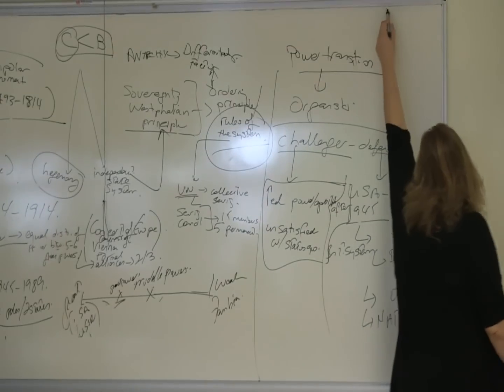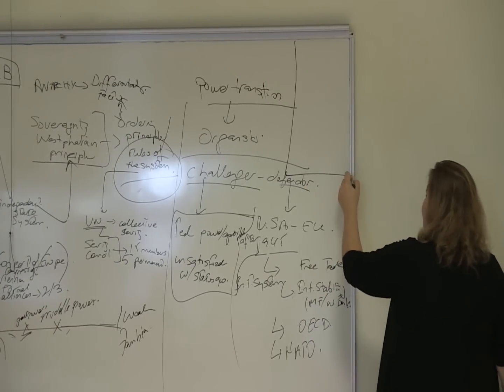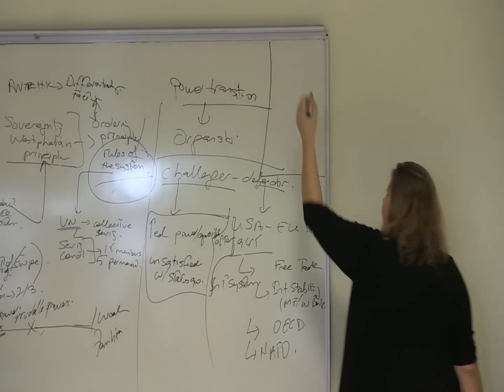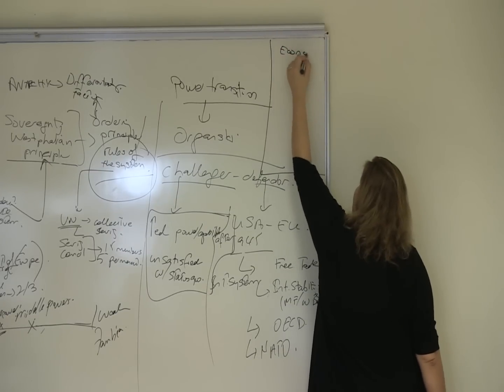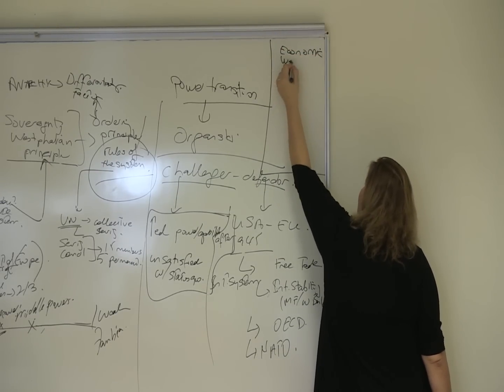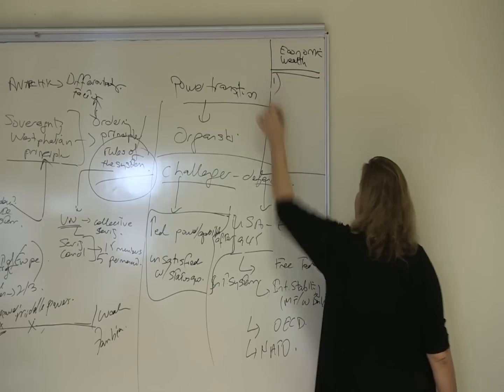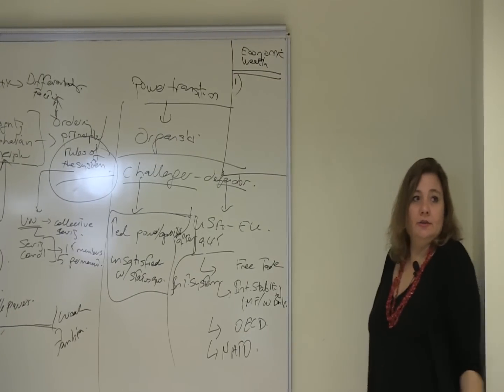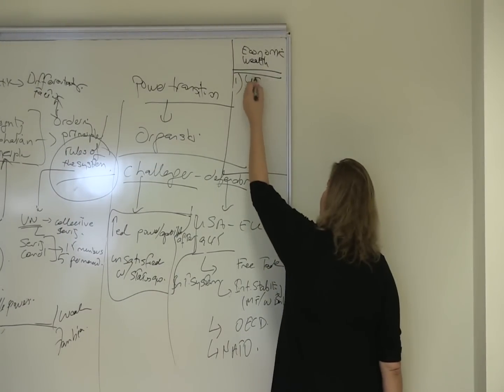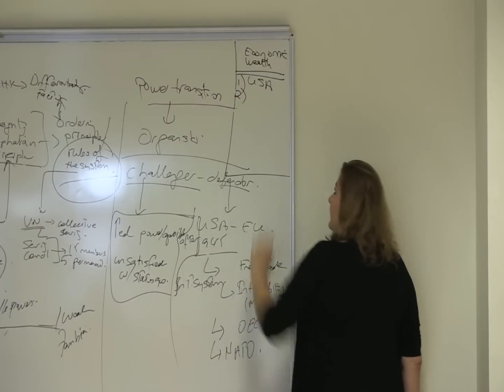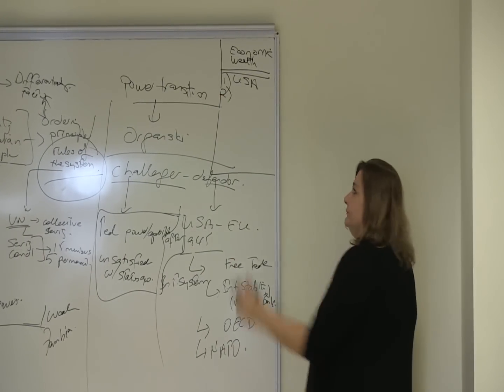The US is the hegemon. Now when you look at the world's economies, economic wealth, which country is number one? US. Okay, which is number two? China.